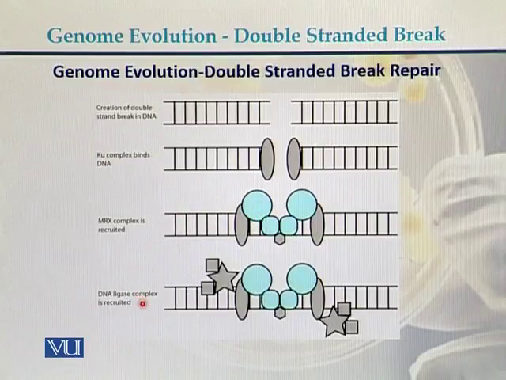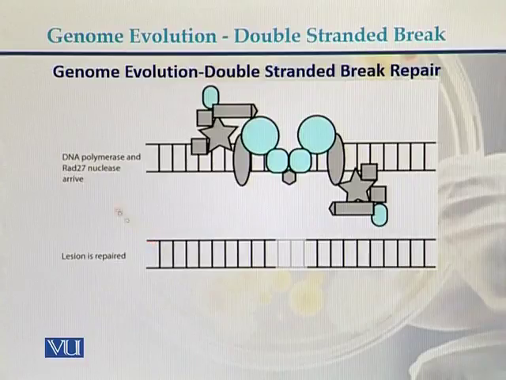Then the DNA ligase complex is recruited. At the next step, DNA polymerase and RAD27 nuclease arrive, and the lesion is repaired here. So this is the mechanism by which double-stranded breaks are repaired within the cells.